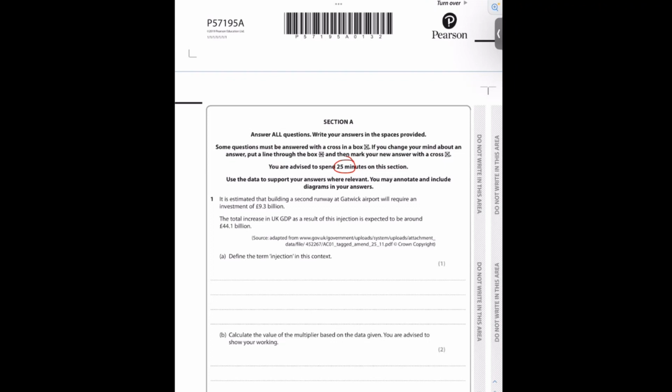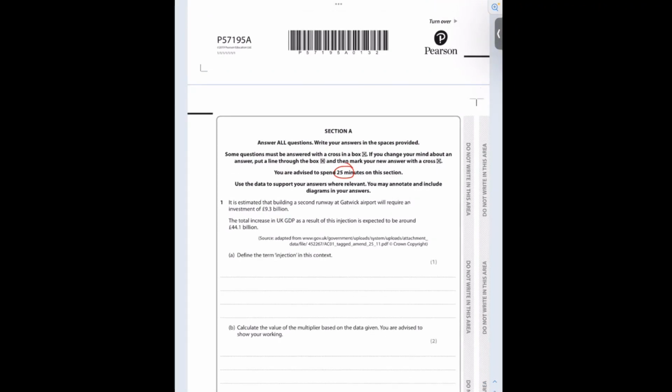So injection in this sense is talking about the circular flow of income. There are 3 injections into the circular flow of income, and those are government spending, investment, and exports.